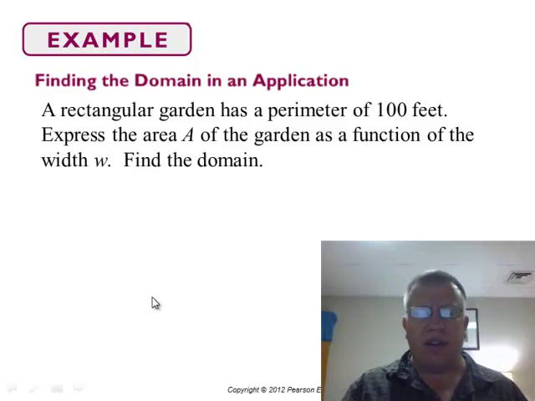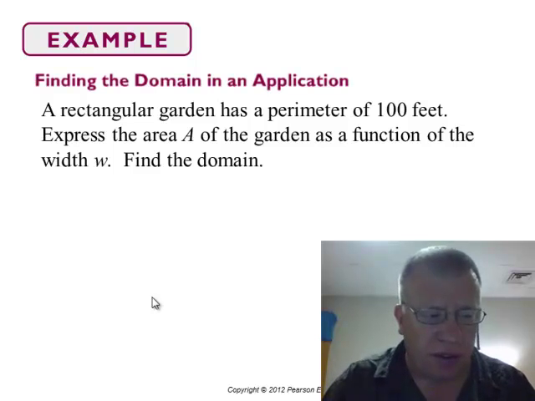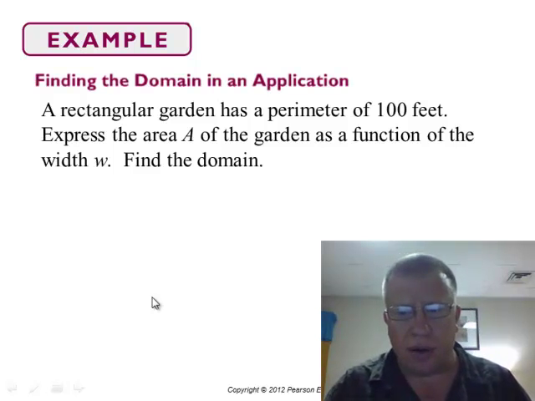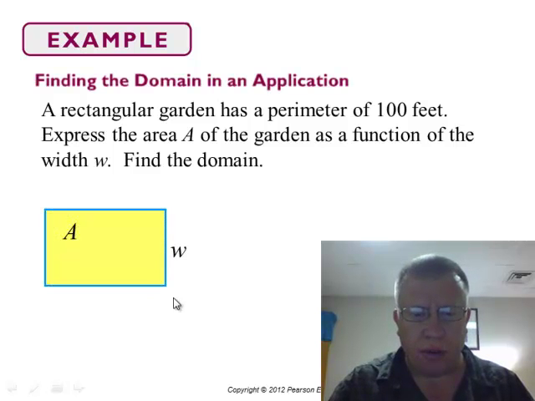All right, moving along here. In some instances, some values of x just wouldn't make sense in the context of the problem. So, for example, suppose that we have a rectangular garden plot that has a perimeter of 100 feet. Here's a sketch of our garden plot. It has a certain width w, and a certain length l, which we don't see here, but imagine that there's an l right there.